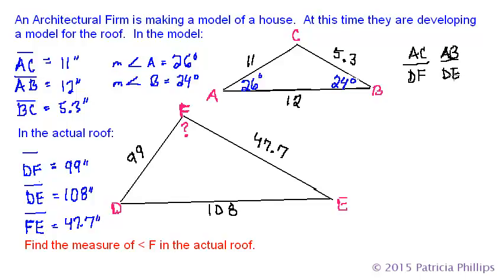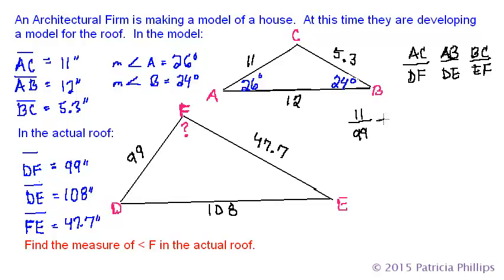And then we would line up BC or CB, either way, we can put BC, with EF. Okay, so this is just showing you how the sides of one triangle correspond with the sides of the other one. So now that we have that determined, we're going to put in the numbers for these sides and make our proportion. So AC was 11 and DF was 99.